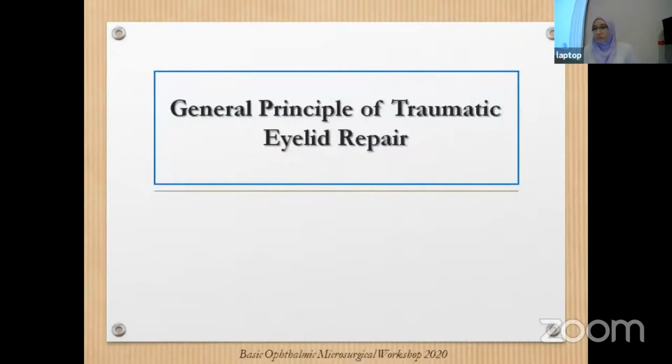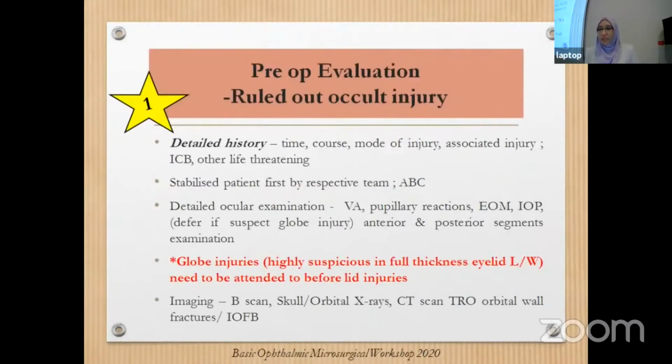The general principles of traumatic eyelid repair. First of all is the pre-op evaluation. If a patient comes to you when you're on call, you must ask if the patient is fully conscious.